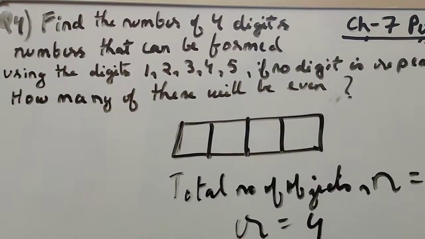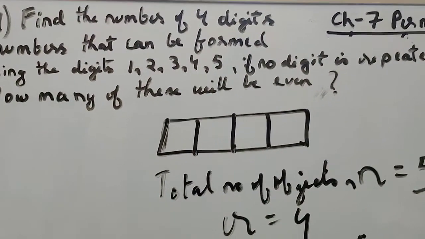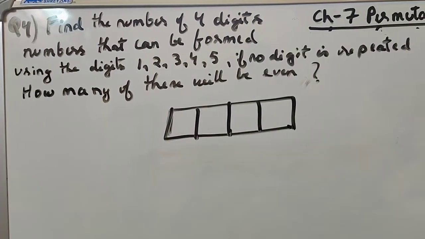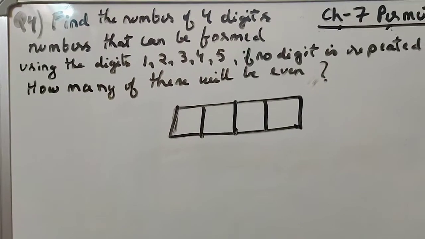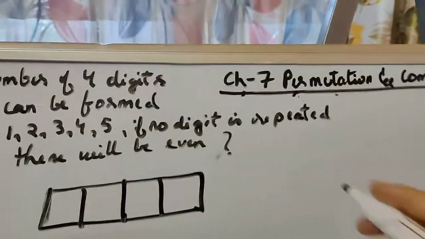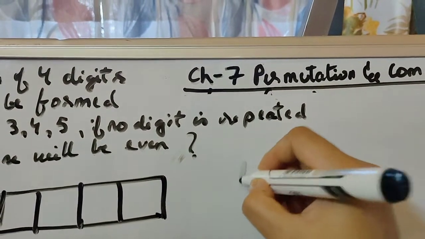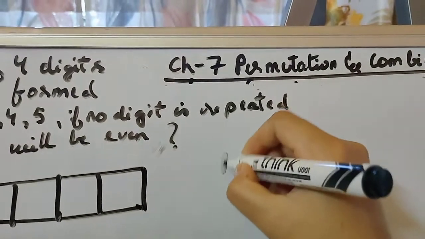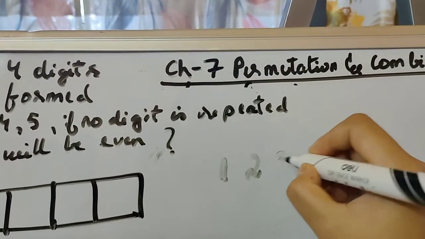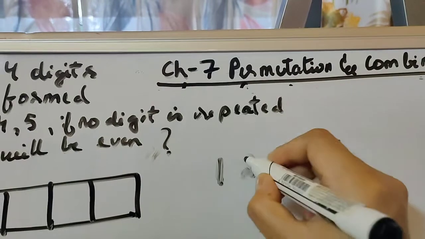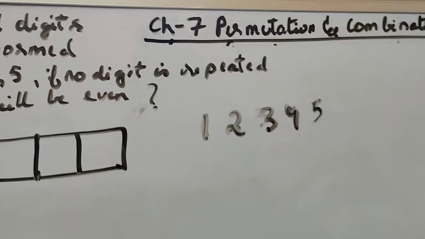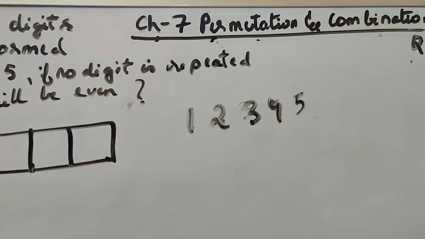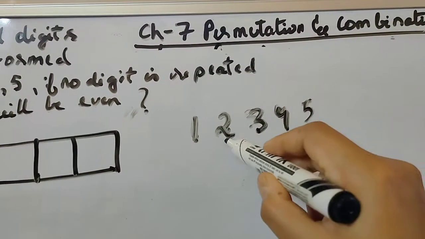Now we will come to the second part. How many of these will be even? First part is done. Now we will check how many of these will be even. Numbers are 1, 2, 3, 4 and 5. These are the numbers, and from here we have to choose which ones are even.